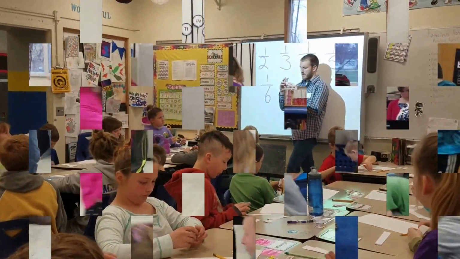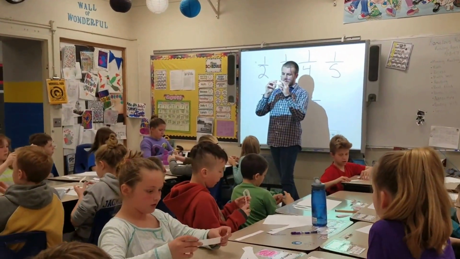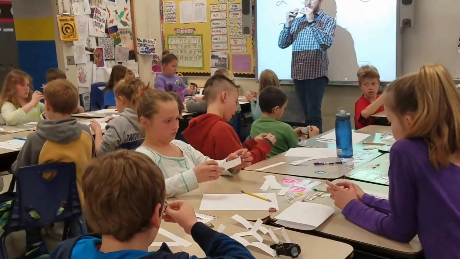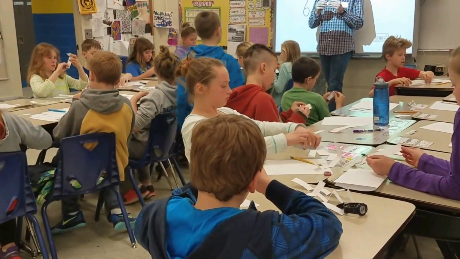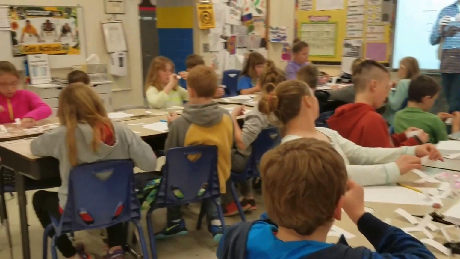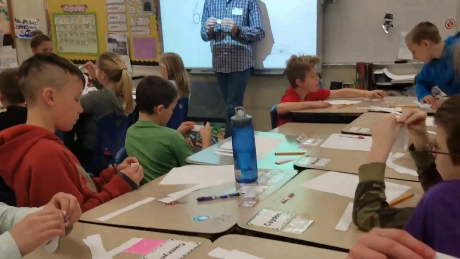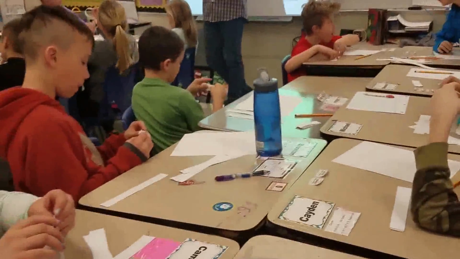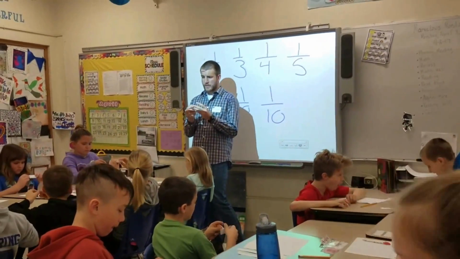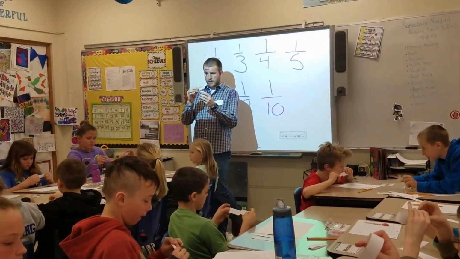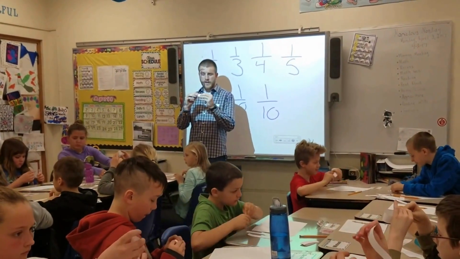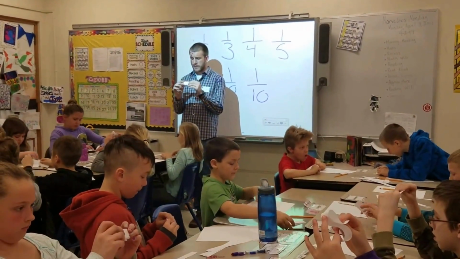Get your paper, okay? And try to get the paper to even out as best as you can. This one is definitely tricky, but make them as even as you can. If they're not exactly equal, that's okay. You're gonna need fourths too. For thirds, you're gonna make an S, and then try to get them to slowly flatten out and get them to equal as best as you can.